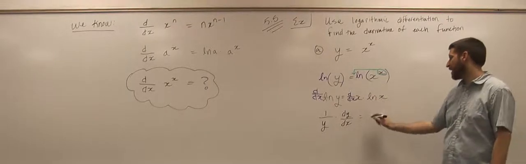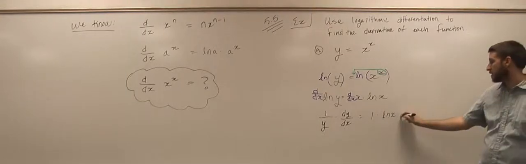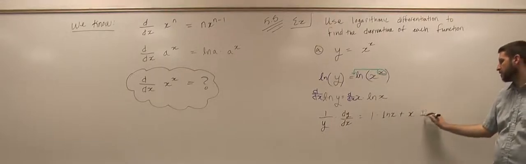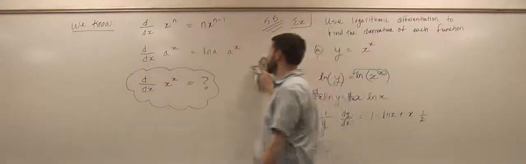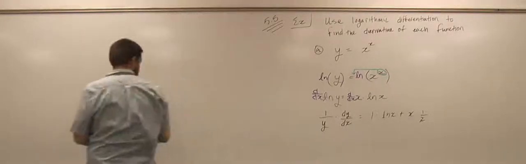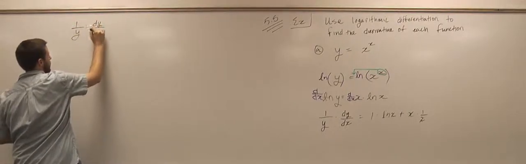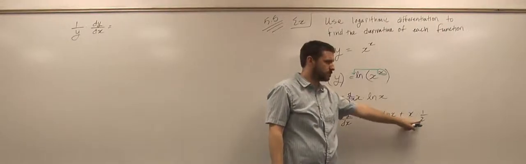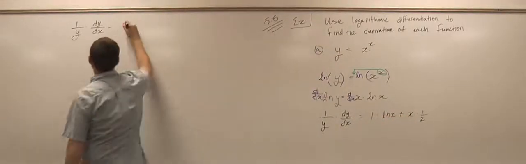The derivative of x is 1 times ln x plus x times the derivative of ln x, 1 over x. So here's where I'm at. 1 over y dy dx equals ln of x plus just 1, because x on top, x on top.